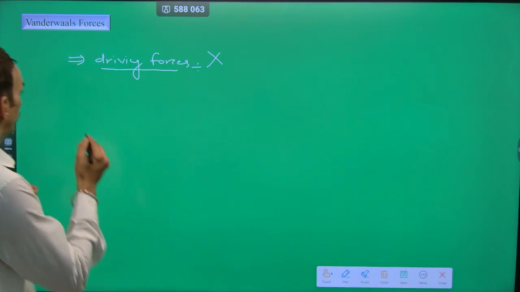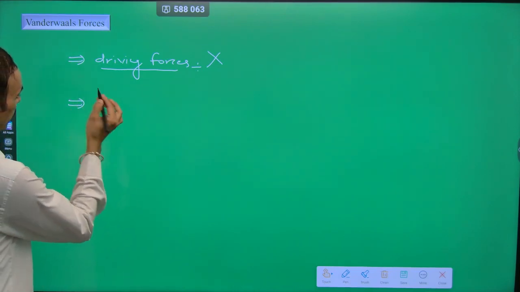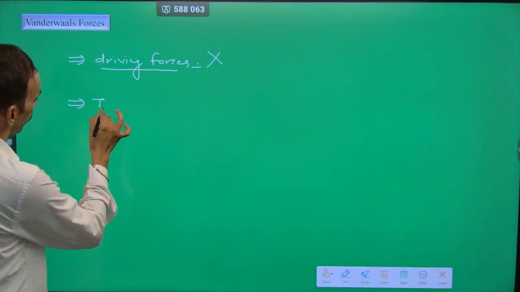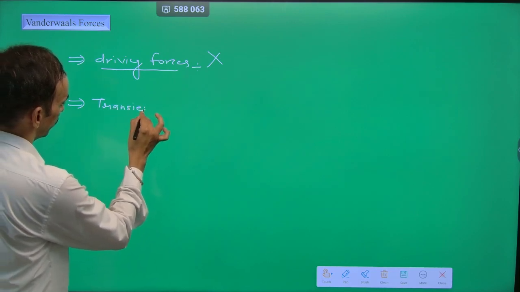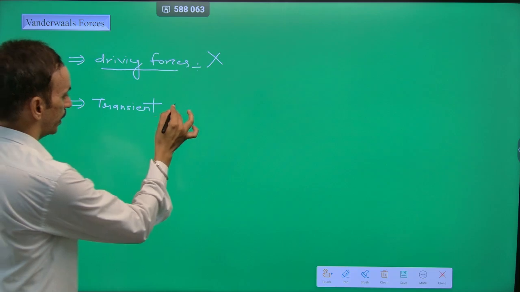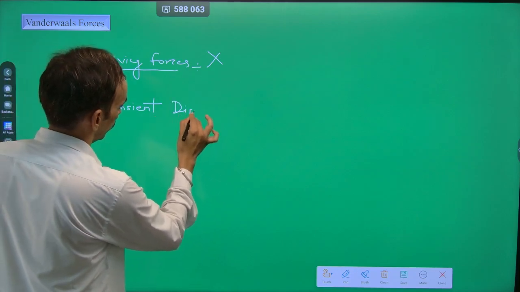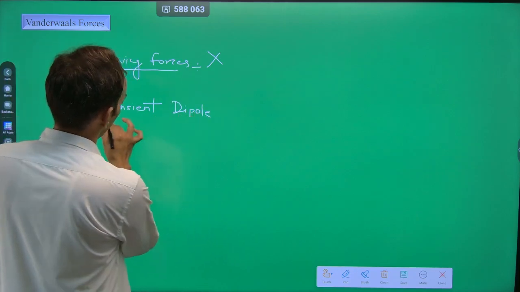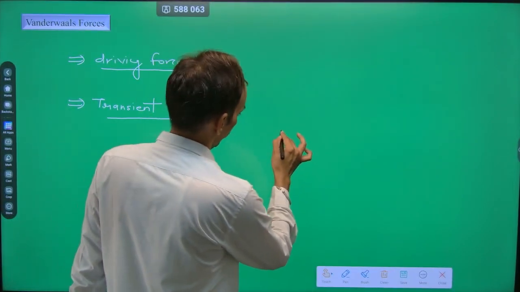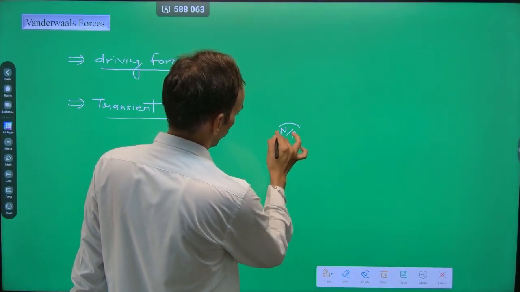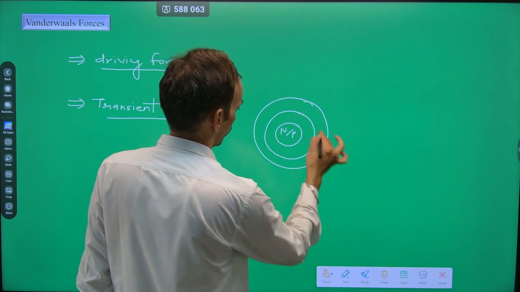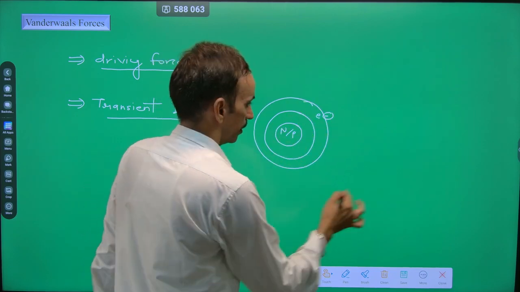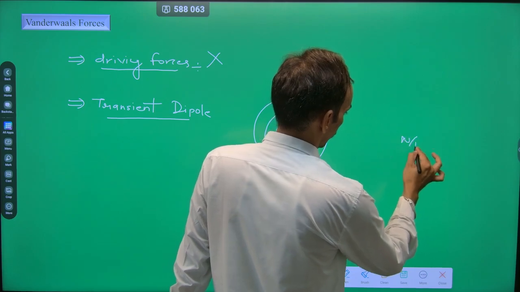Now, the van der Waals forces are due to the formation of a transient dipole. क्या होता है बात करते हैं. सपोज कीजिए कोई एटम है, न्यूट्रॉन प्रोटॉन इन द न्यूक्लियस एंड इलेक्ट्रॉन इन द आउटर ऑर्बिट्स. सिमिलरली यहां पे एक दूसरा एटम है.